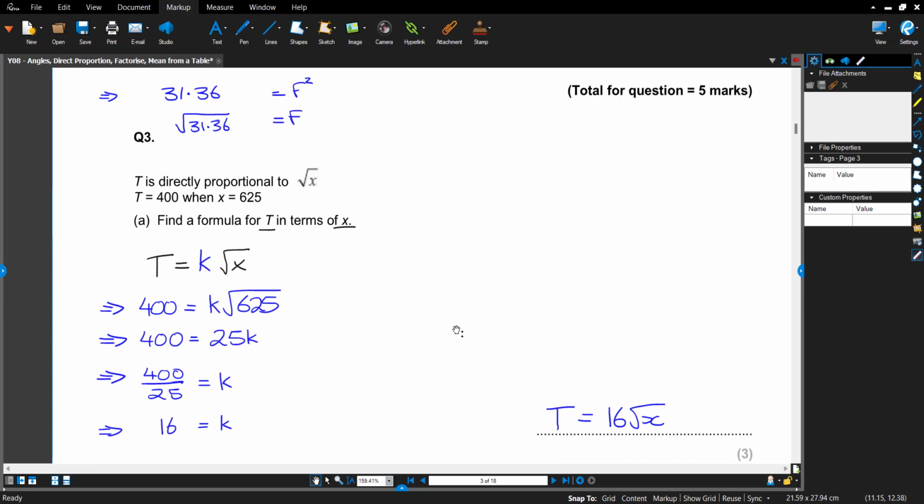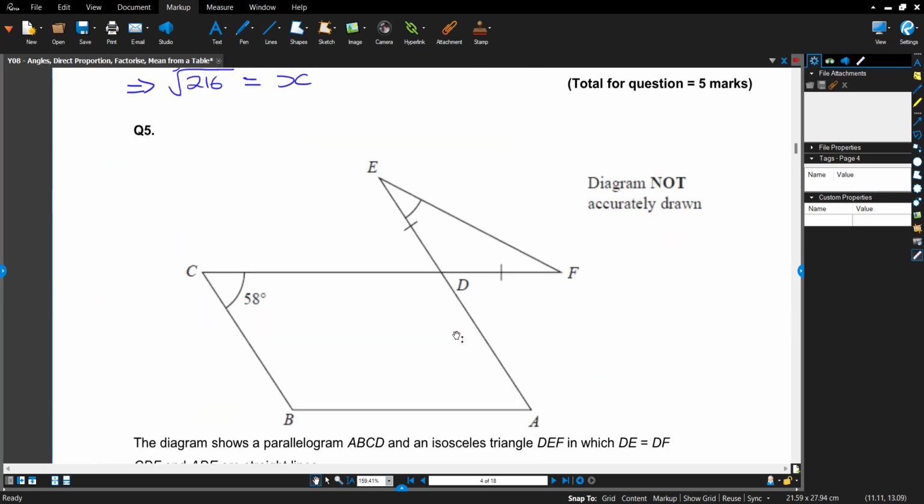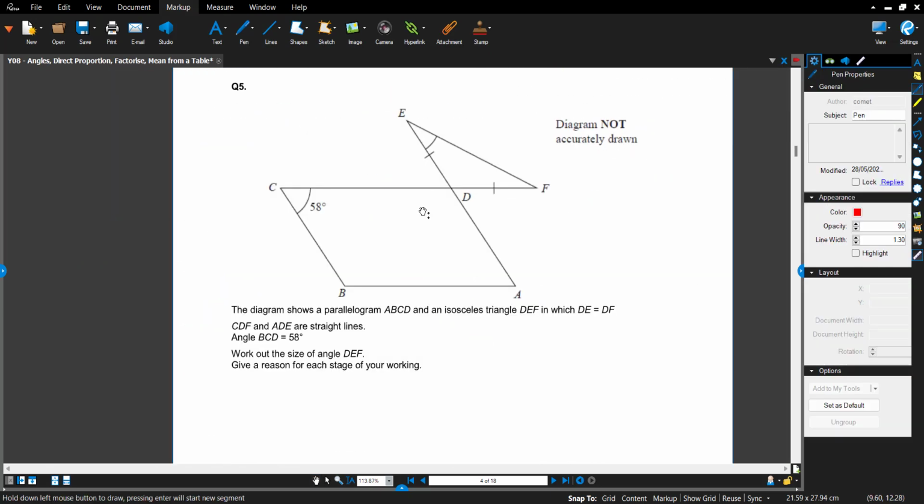Alrighty then, we proceed. Alright, let's look at question 5. So the diagram shows a parallelogram ABCD. The first thing I would do, parallelogram, I would write that's parallel to that, and these are parallel here. So I would straight away mark that in because that's just going to help you.